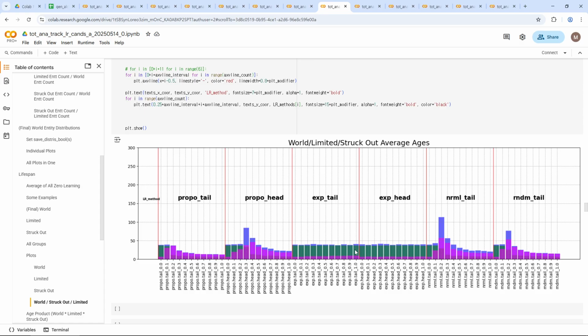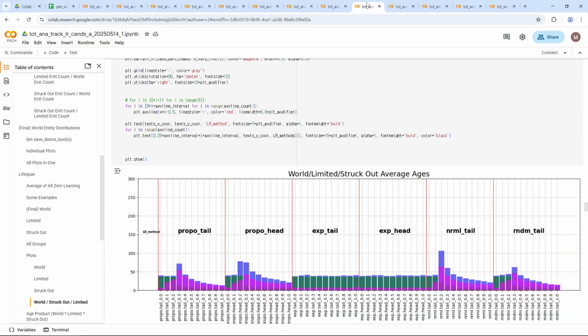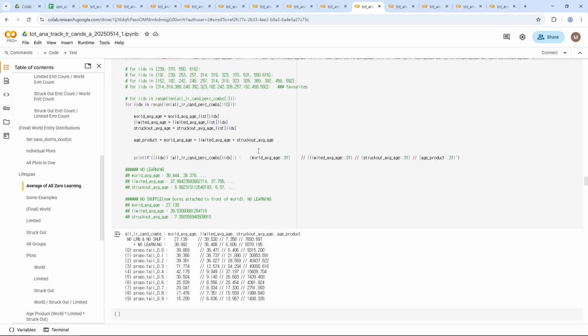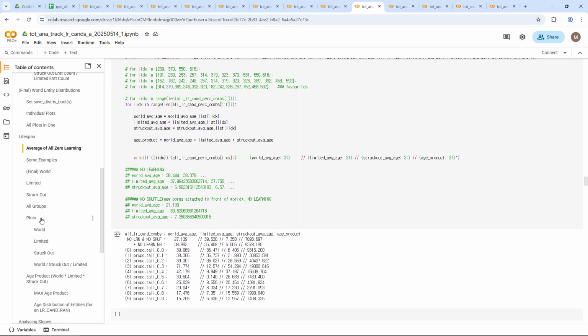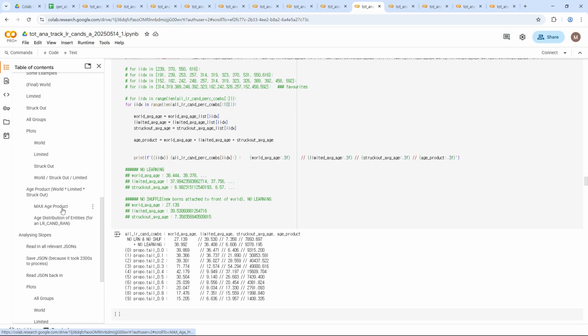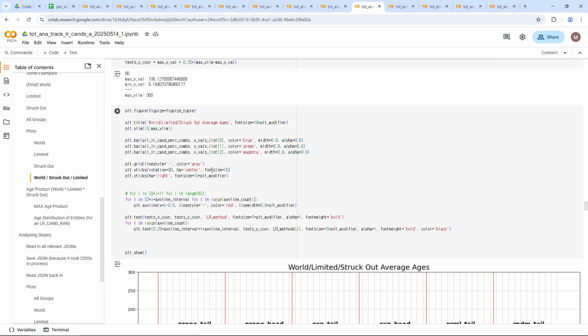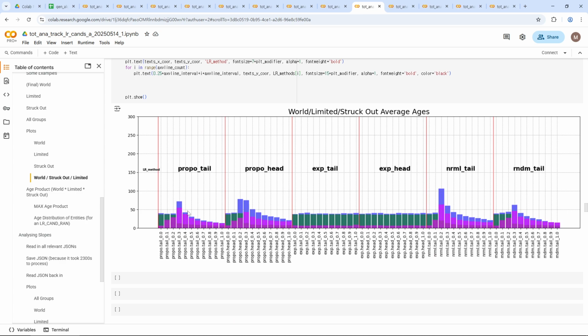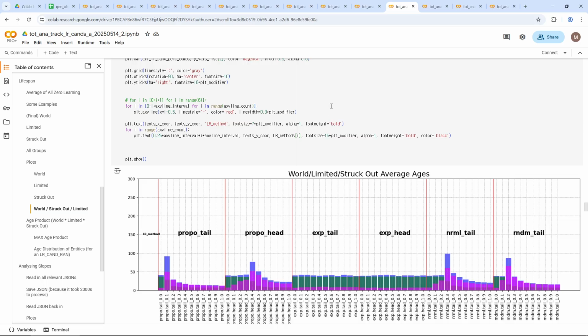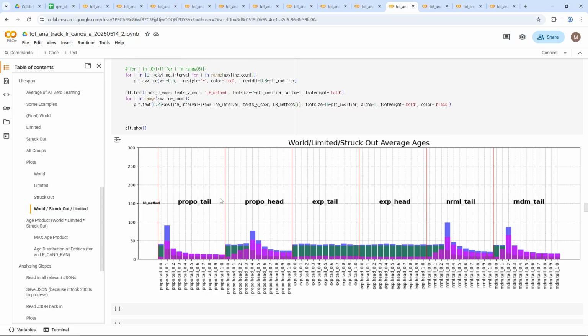Well, at least now they're all above 30-ish, I guess. Let's see if they're all kind of above 40. Yeah, they are, kind of. Except these ones. So this is exponential tail.